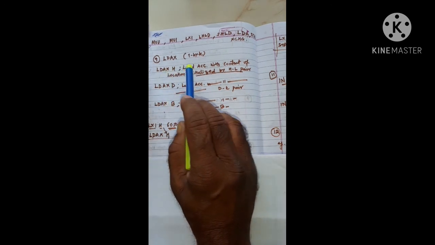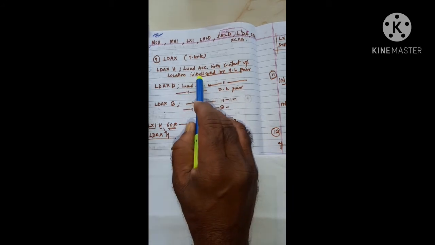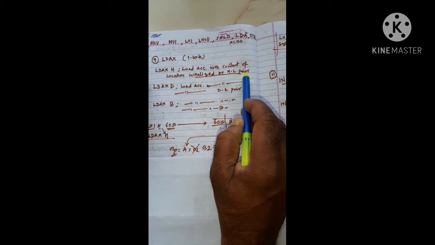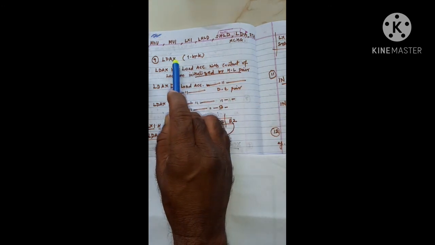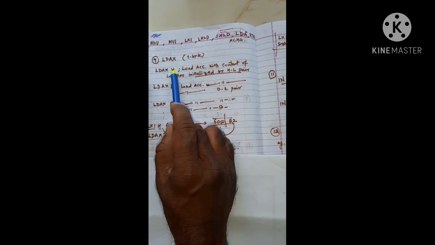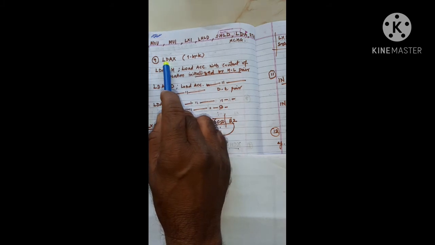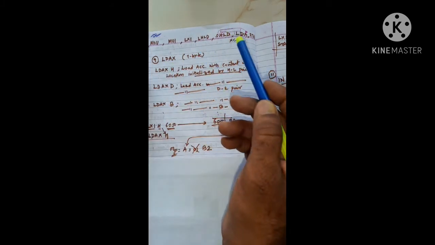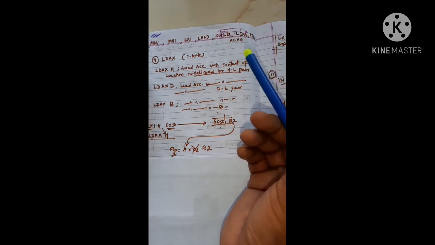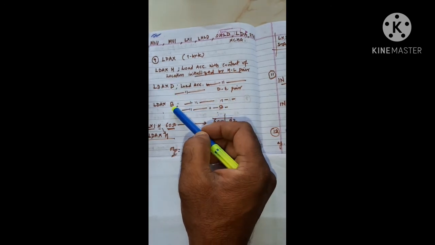It is useful to load the accumulator with the content of the location initialized by the HL pair. Whenever there is an X in the instruction, there is a register pair. Though only H is written, indirectly we have to consider L also. So this instruction is useful to load the content of a location initialized by a register pair, either HL, DE or BC.